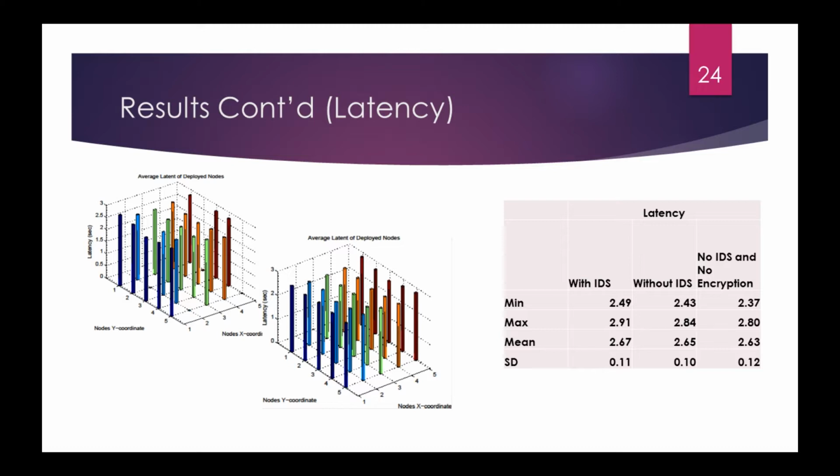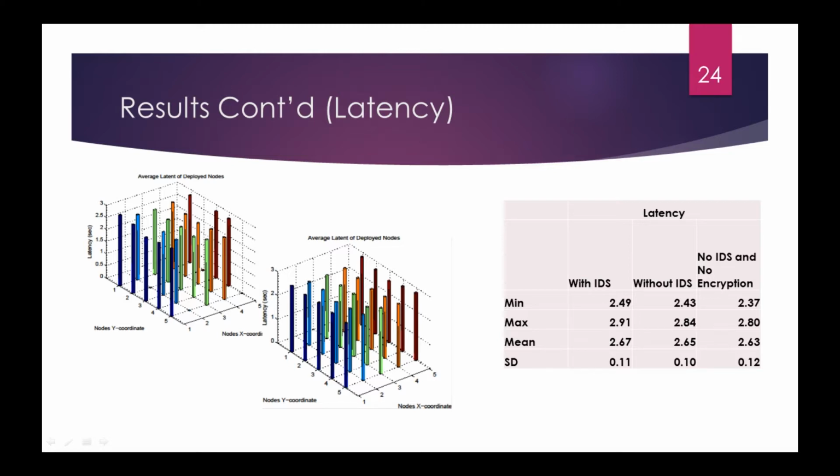From our results, you can see that the mean for the latency of all the nodes is always very close in value. That's why you can see graphically, based on the position of the nodes, these are the nodes at the far end.